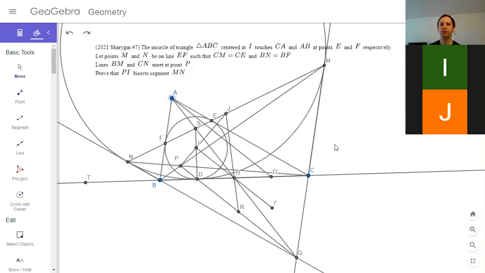Instead of the intouch triangle of GBC, we were doing it on the extouch triangle. So you're saying that your theorem also applies in a way to excircles instead of incircles? All right.